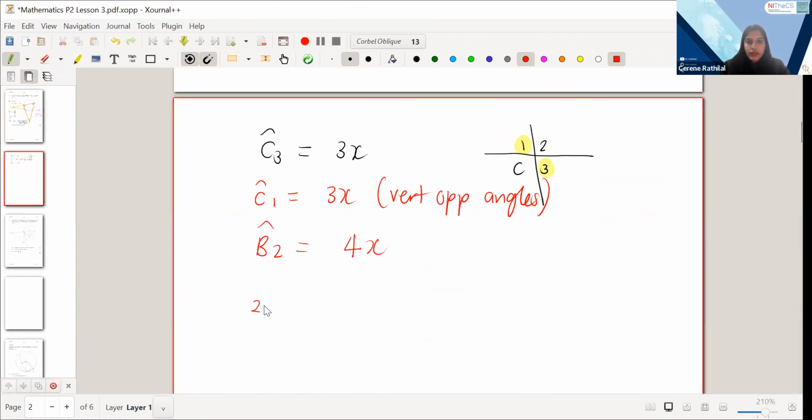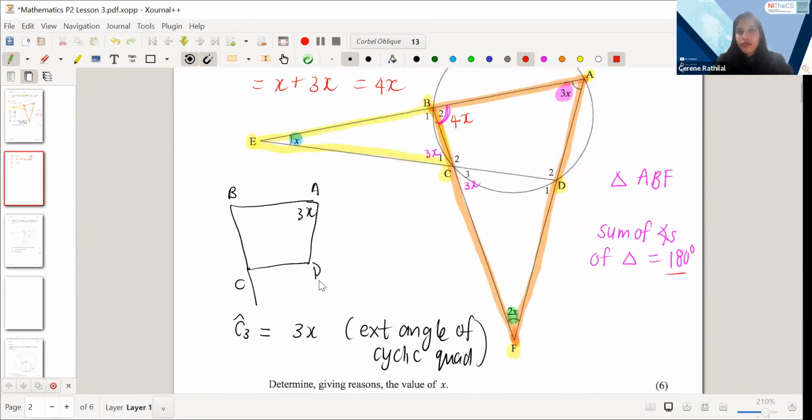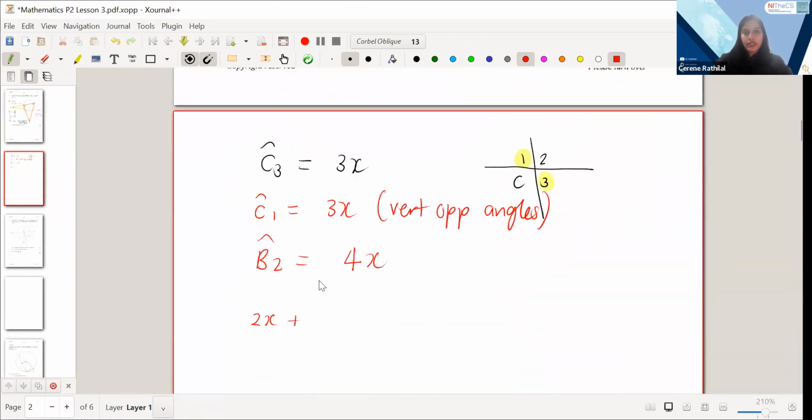So let's write that down. 2x plus 3x plus 4x, got it.